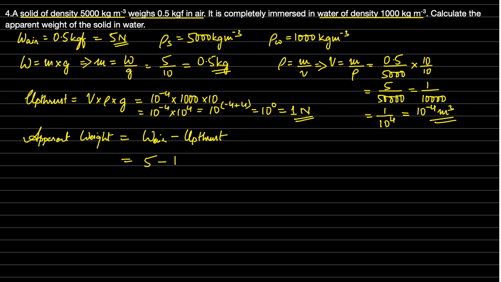So 5 minus 1 should give us 4 Newton, and that would be our answer. If you want to convert it to kgf as it is given in the textbook, we need to divide it by 10, and that is 0.4 kgf.